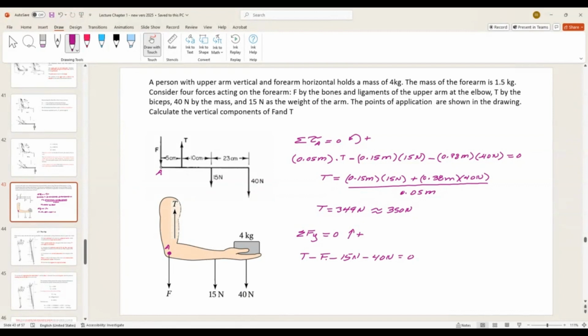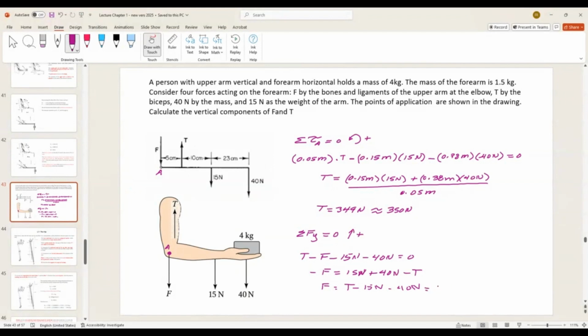Solving for my force F, I will get that F is equal to the tension minus 15 newtons minus 40 newtons.